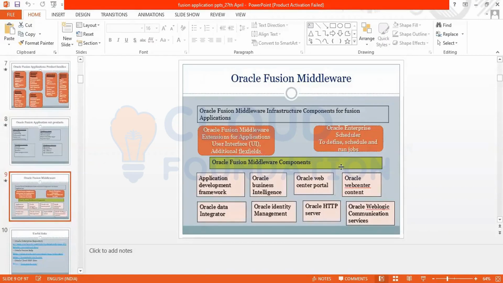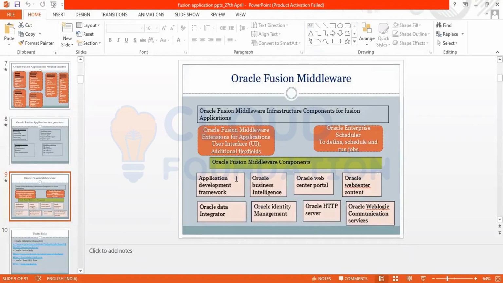Fusion middleware. What is Fusion middleware? We have Fusion middleware extension for application user interface and additional flexibility. Database, and somewhere between the front end and the database. So when we talk about the architecture, middleware also comes into play.